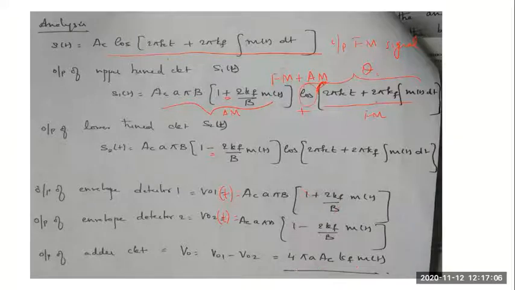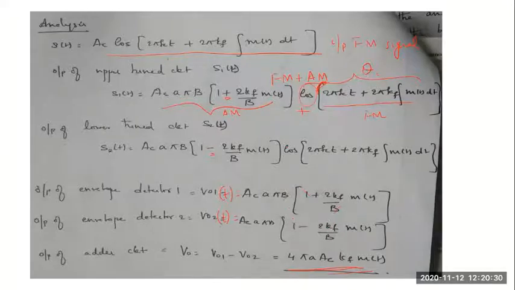So what does this show us? What are we trying to get here? What is the job of the balanced discriminator? So here we try to get back the message from the modulated signal. That is the job of a demodulator. And the demodulator which we are studying here is the balanced discriminator or dual slope detector.